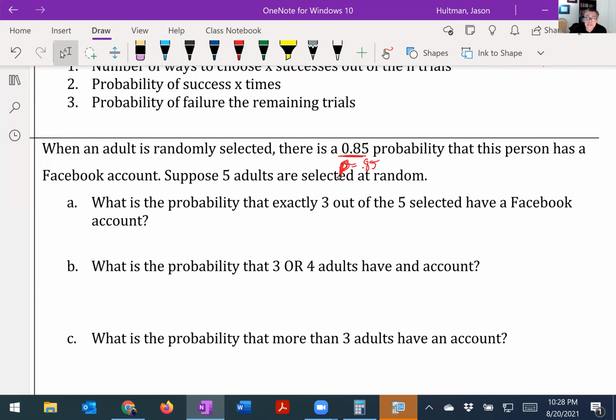What is the probability that exactly 3 out of the 5 selected have a Facebook account? Let's look at the formula: the probability of X is N choose X, P to the X times Q to the N minus X.